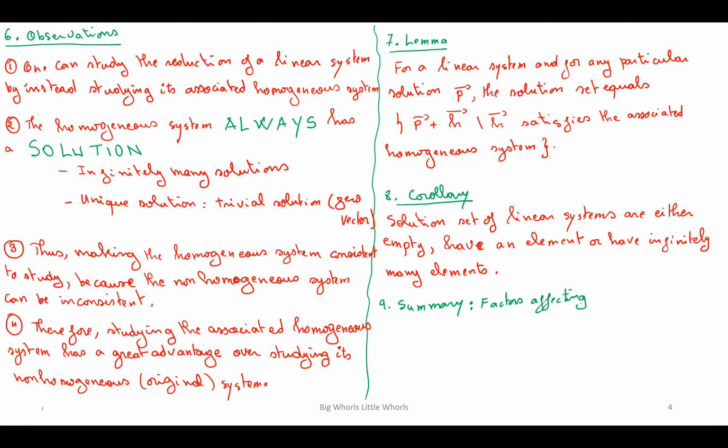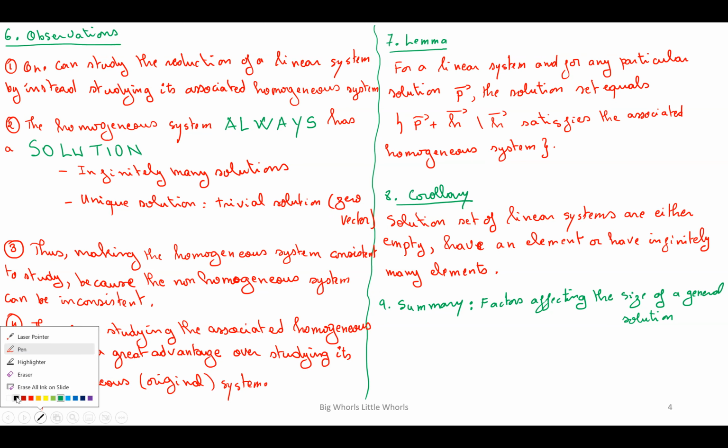Sometimes it's good to have a visual picture of everything we have just said so far. Factors affecting the size of a general solution. So when we are given an equation, we will ask ourselves, does it have a particular solution?